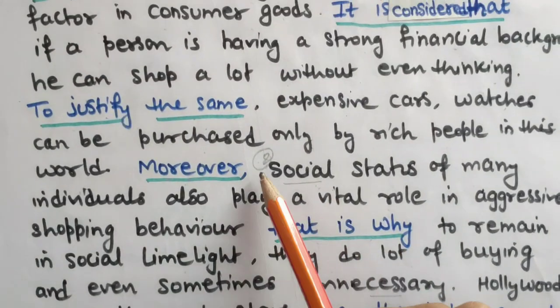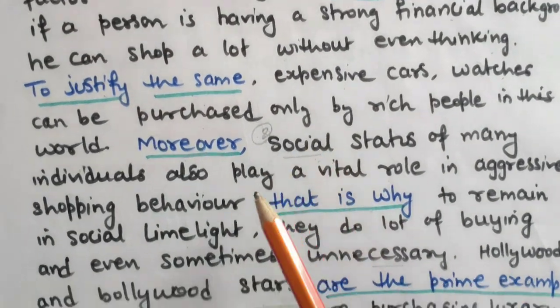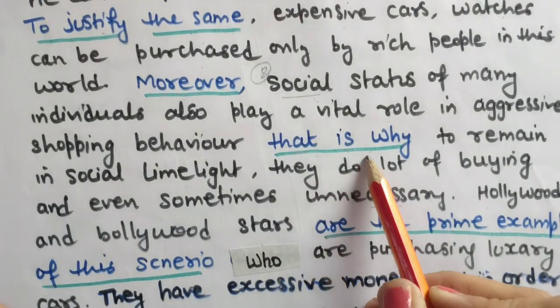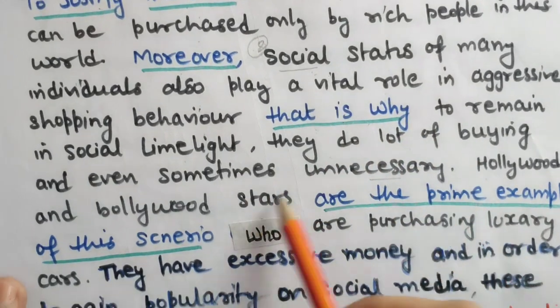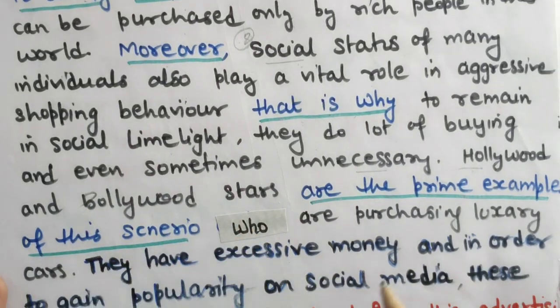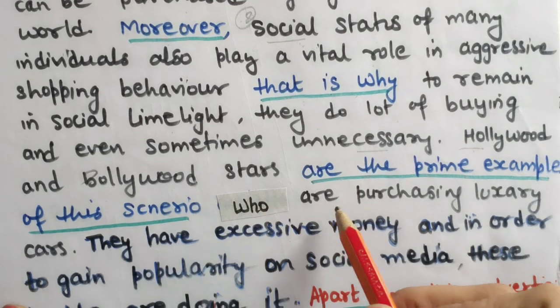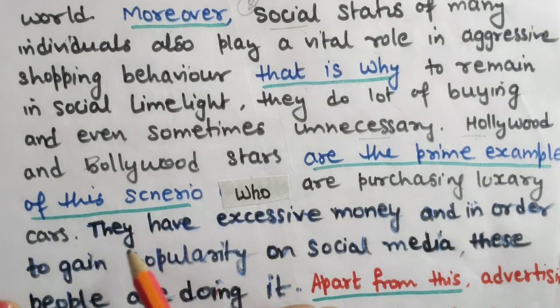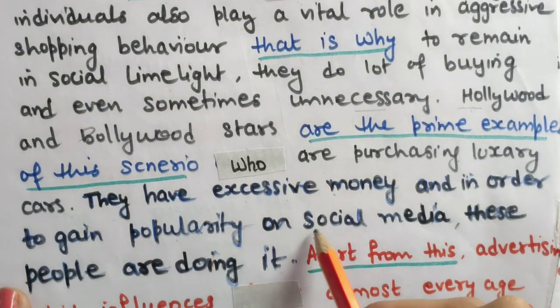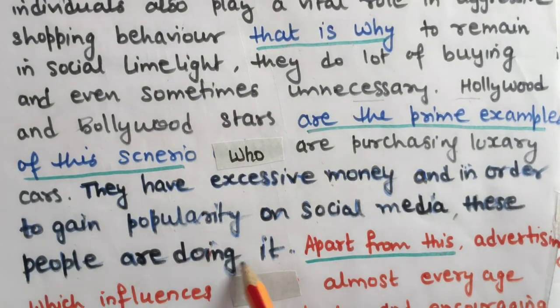So, announcement of my point, explanation, and example. Hollywood and Bollywood stars are the prime examples of this scenario, who are purchasing luxury cars. They have excessive money, and in order to gain popularity on social media, these people are doing it.